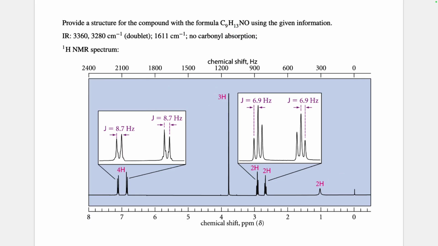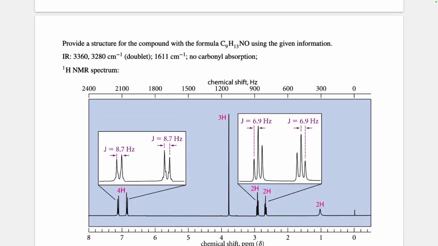So anytime you're given a formula, I recommend using the degrees of unsaturation equation to figure out how many degrees of unsaturation the molecule has. A degree of unsaturation, just as a reminder, is a ring or a pi bond. So knowing that gives you some ideas of what structural features you should be looking for. So let's do that equation.